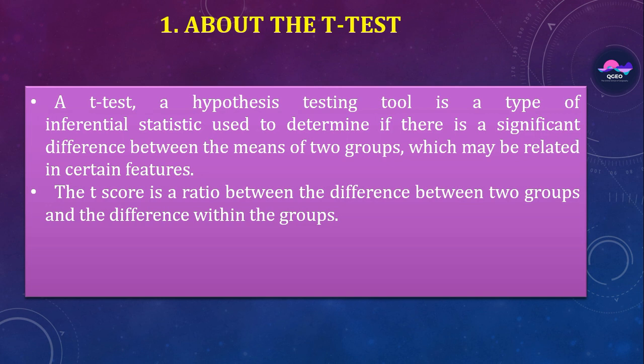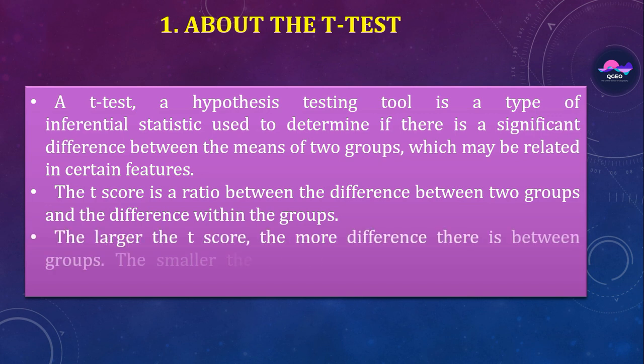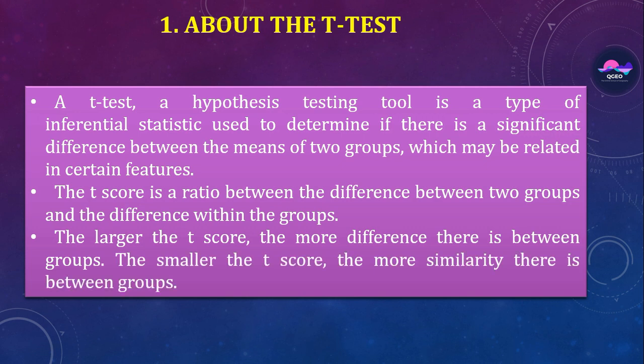It is very important. The difference between two groups and the difference within the groups. The larger the t-score, the more difference there is between groups. The smaller the t-score, the more similarity there is between the groups.